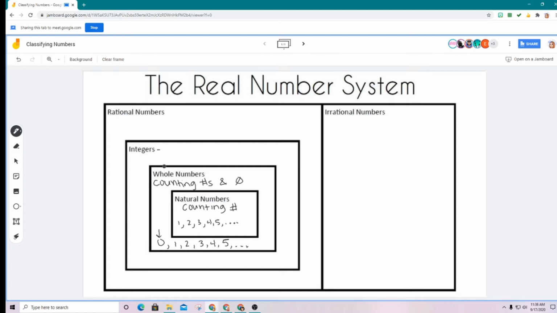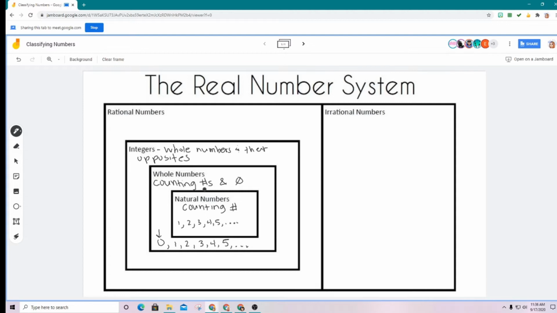Integers are going to be whole numbers and their opposites. Whole numbers and their opposites. So it's going to include all of the counting numbers.